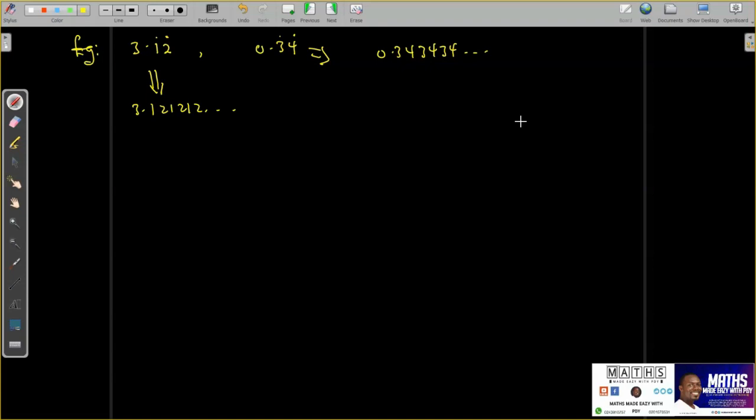But how do we change these to fractions? The same procedure as for the first: generate an equation for your question. So we let a variable a equal the recurring decimal 3.12. Then you label it equation number 1.